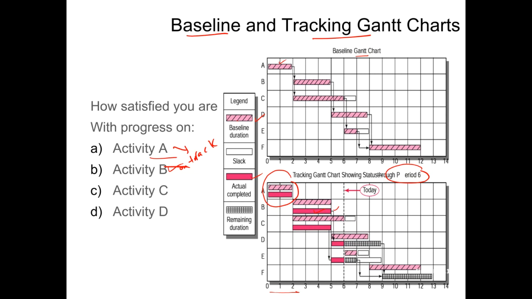Activity C is actually ahead of schedule. It was supposed to be completed in 4 months, and we have already completed it. So this is an example of an activity which is ahead of schedule. We have done better than what was expected.